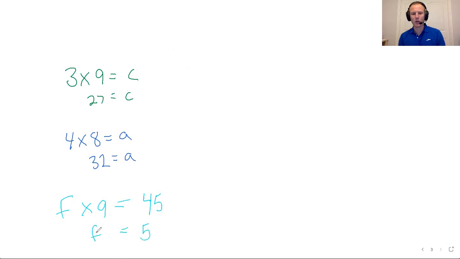Notice sometimes the variable comes on the left, sometimes it comes on the right, it doesn't matter. 100 divided by m equals 10. M also equals 10 because 100 divided by 10 is 10.